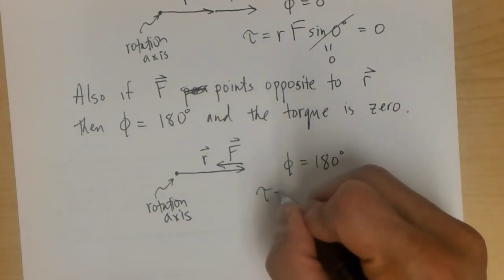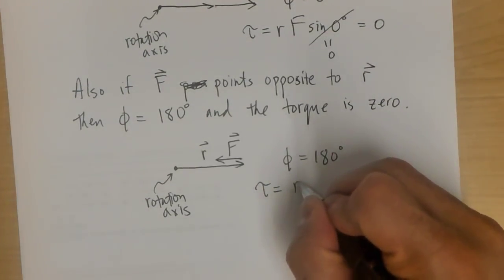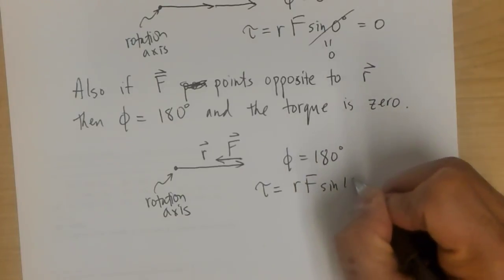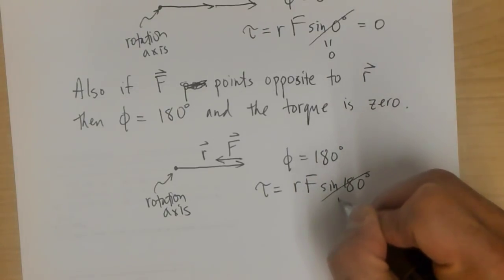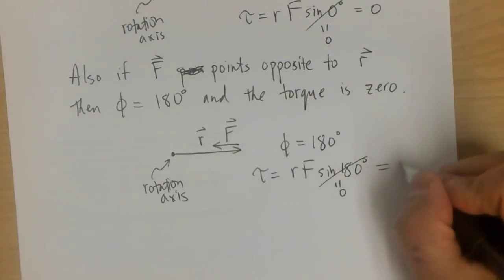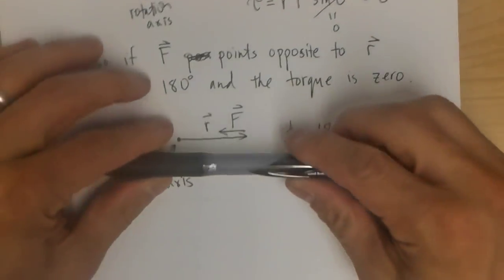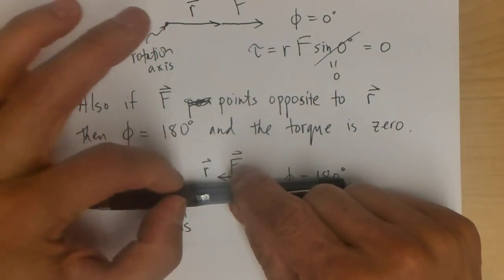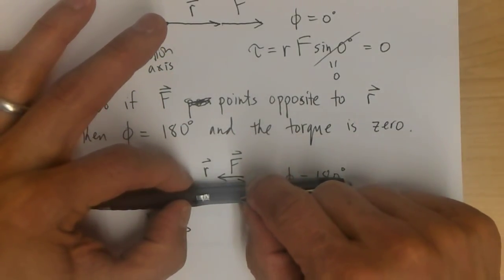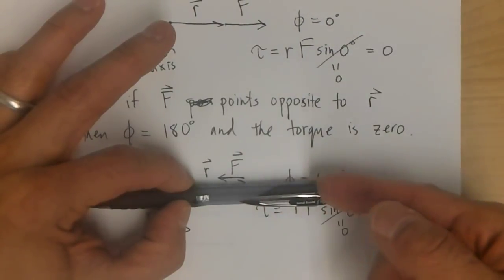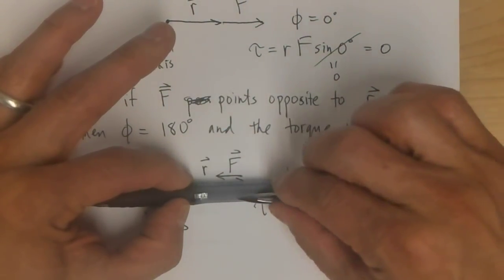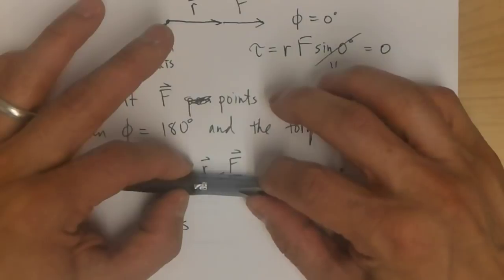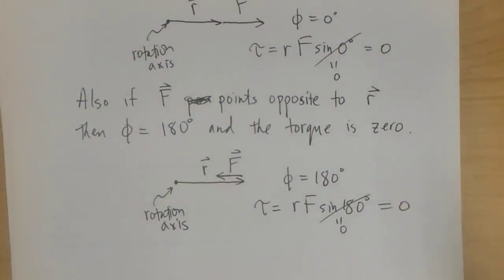And then the magnitude of the torque is R times F times the sine of 180 degrees, but this is also equal to 0, so the torque is 0. So that makes some sense, I think. Here's the rotation point, and then we have a force, but I'm pressing in. That does not do any twisting one way or the other. So the torque is 0. Remember, to have a torque, you have to twist something.